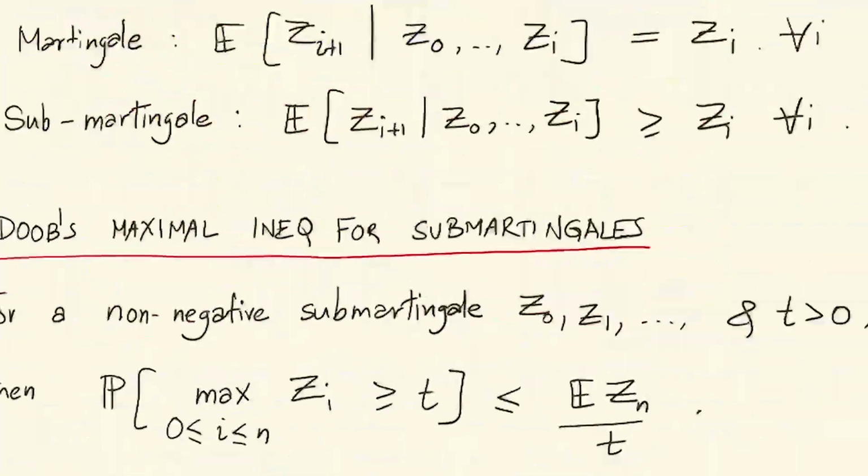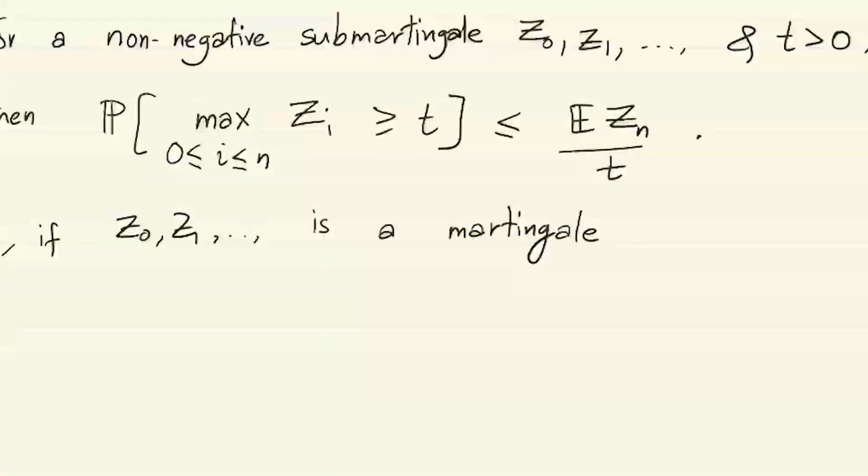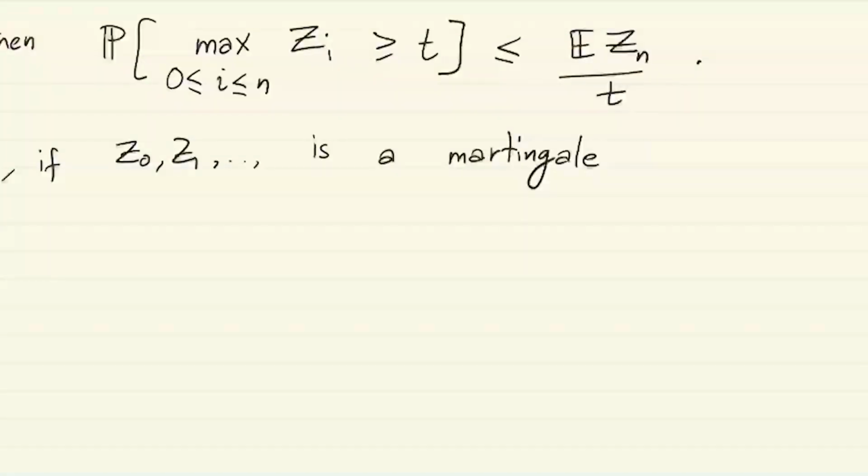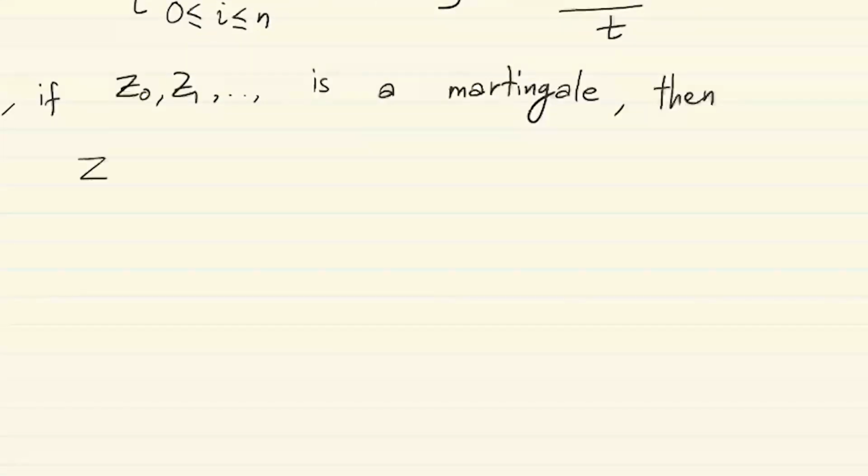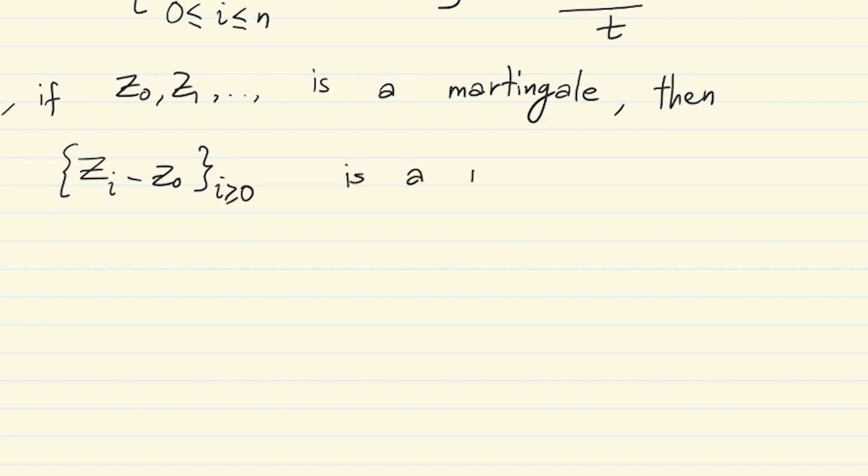Here all the Zi's were assumed to be a martingale sequence. What we can do is subtract Z0 from each of these. So Zi minus Z0 as i ranges over 0, 1, 2 and so on is also a martingale. One can easily check this.